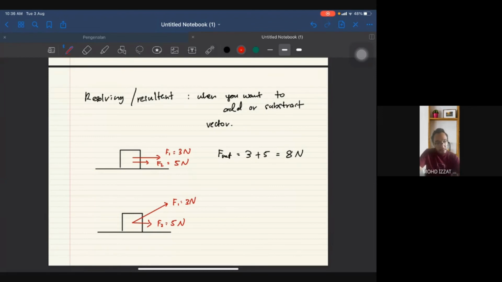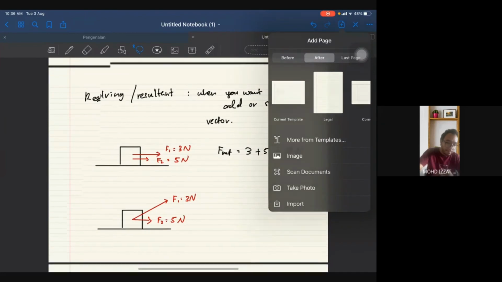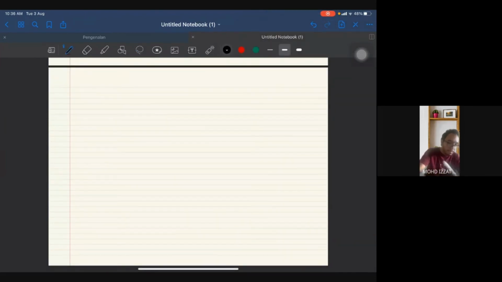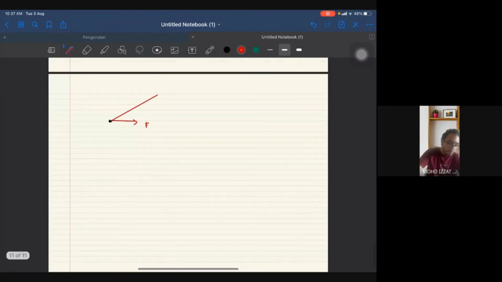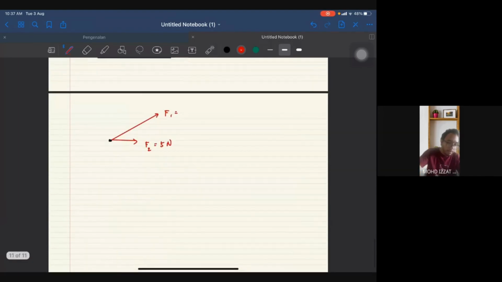If you can see clearly, the F1 is not on the x-axis or in the y-axis. Dia bukan dekat atas x ataupun dekat atas y. So I'm going to take this one. Let's say draw a new one lah. So I'm going to draw the vectors only. So this one is what we call the free body diagram, which what you will learn in chapter 4. You have two force, that one and this one. This one is what we call F2. And this one is my F1, which is equals to 2 Newton. Sorry, 3 Newton.